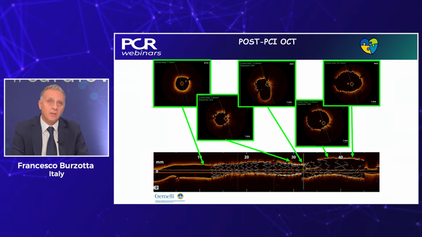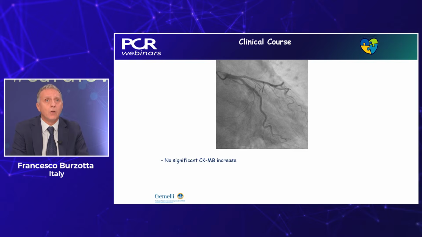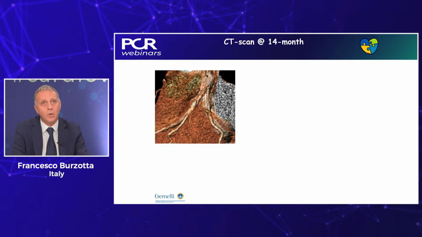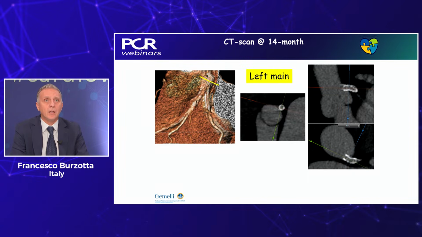So all of this is associated usually with good outcome, but we have now also the possibility to see the outcome of the patient: no significant cardiac enzyme, discharged the day after, return to normal life. A CT scan performed to check how things are going at 14 months showed the patent left main.